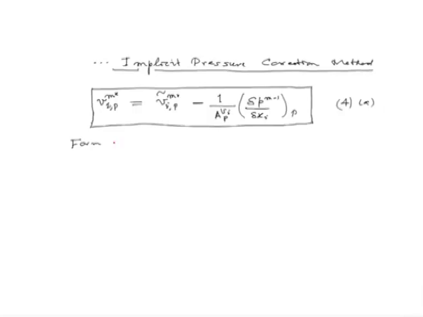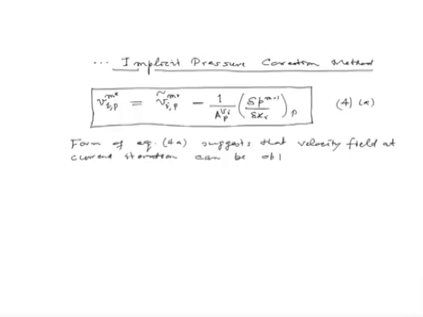So, this form of equation 4a suggests that velocity field at current iteration can be obtained from VI comma P M. Now, we have dropped this star, it is no more the intermediate velocity.